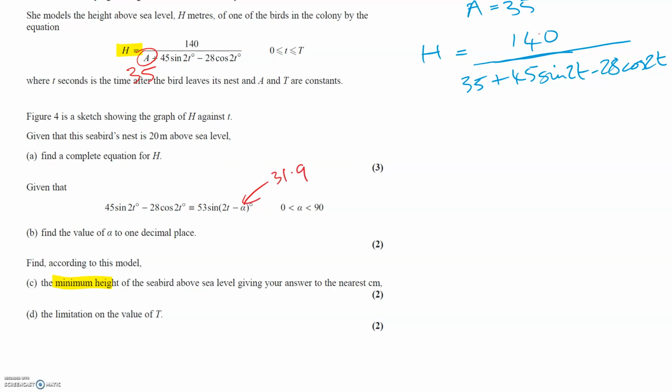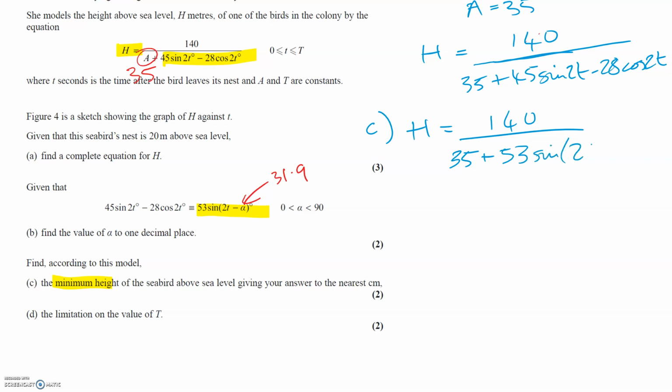We've just done that in part B. So that will probably help us for part C, because we know h is 140 over 35 plus, and then we can replace all of this with what we found in part B. So that will be 53 sine 2t minus 31.9.